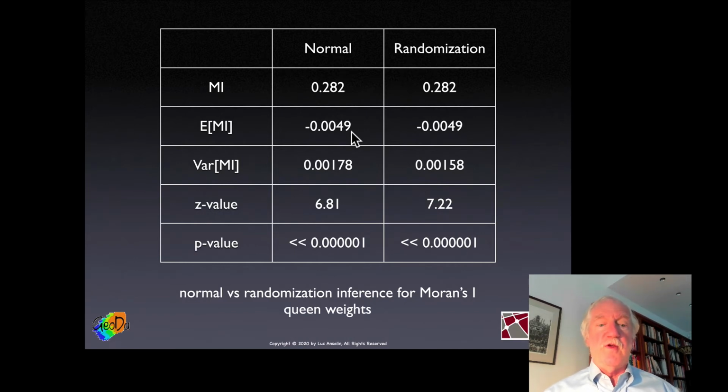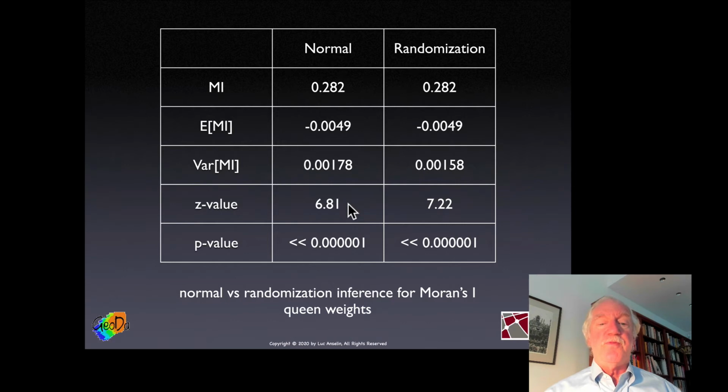So far, so good. The variance is where it starts to make a difference, and using the normal approximation, we get this variance of 0.00178. Using the randomization analytical derivation, we get 0.00158. So the variance is smaller for the randomization assumption than for the normal assumption.